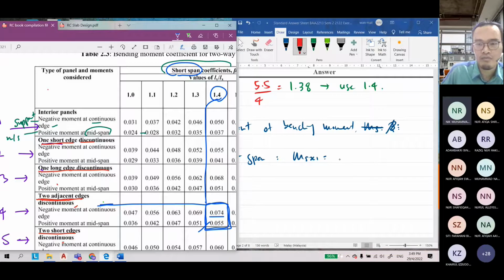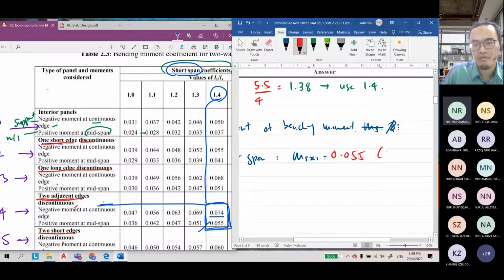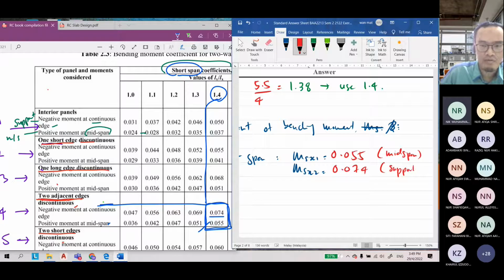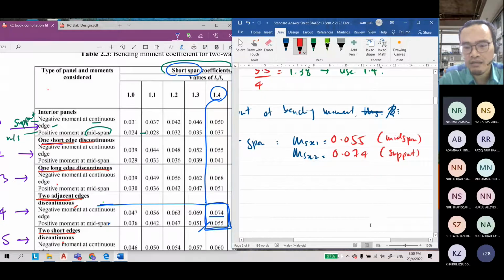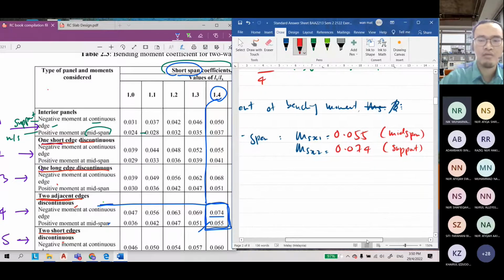You will refer to 0.055 because this is for mid span. And then msx2 is for support. The value is 0.074. This is for support. And then similarly you go for the long span.